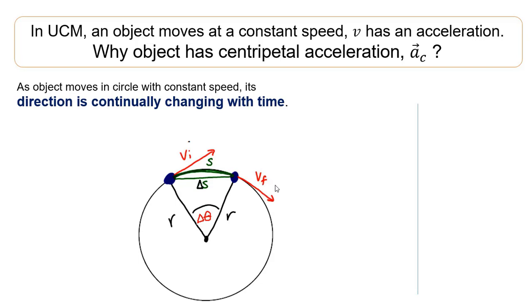An object moves in a circle with radius r within time interval delta t from the initial point to the final point and makes a circular arc s, or linear displacement delta s, as well as angular displacement delta theta.